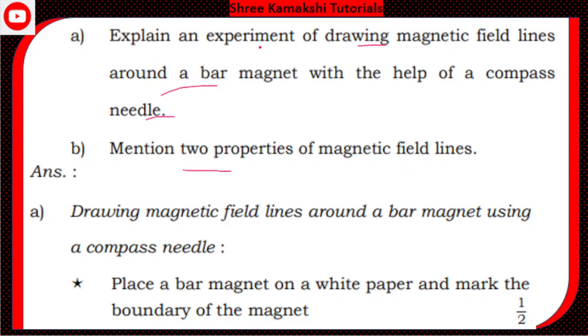The first one is: explain the experiment of drawing magnetic field lines around a bar magnet with the help of a compass needle. Place a bar magnet on a white paper and mark the boundary of the magnet.